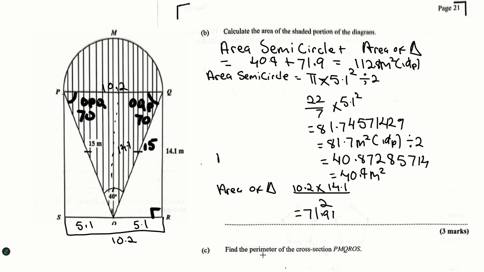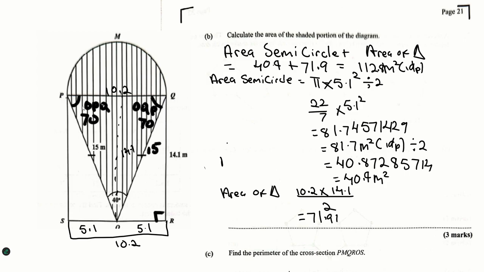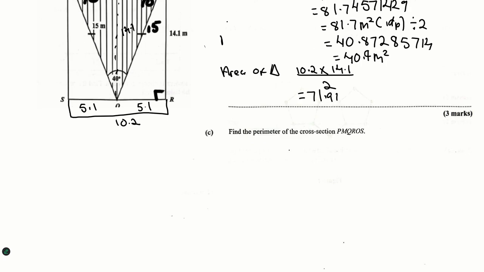Find the perimeter of the cross section of PMQROS. That means we have to find the perimeter, which means the total distance around. We're going right around and going back to P, because perimeter is the total distance around, starting from one point and ending back at the same point.